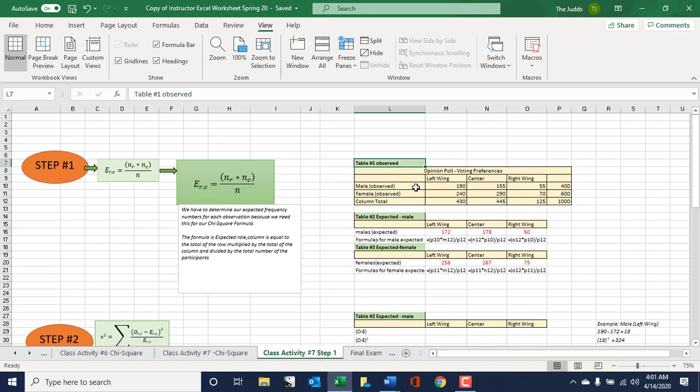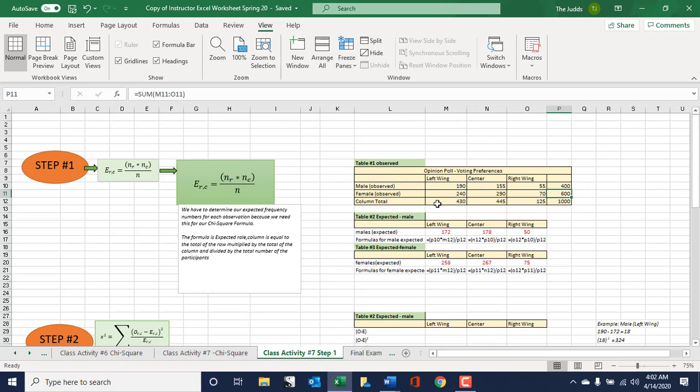Here in the male observed, we have 190 who identified themselves as left wing, 155 who identified themselves in a center position, and 55 who identified themselves as right wing, and that's a total of 400. For females, we have 240 for left wing, 290 for the center, 70 for the right wing, and that's a total of 600.